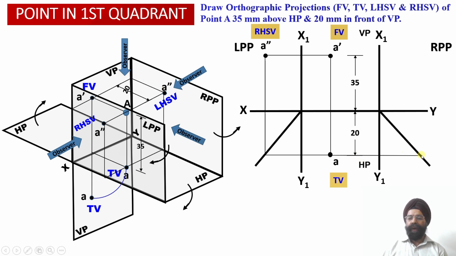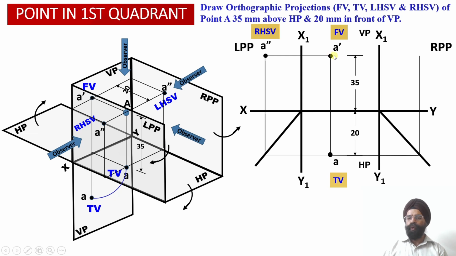Now once we transfer this horizontal projector line into a vertical projector line using this transfer line, we have appropriately transferred this distance of 20 millimeter from the vertical plane into the right profile plane projections. Further, we also know that the height at which the point A double dash will lie is 35 millimeter above the horizontal plane.